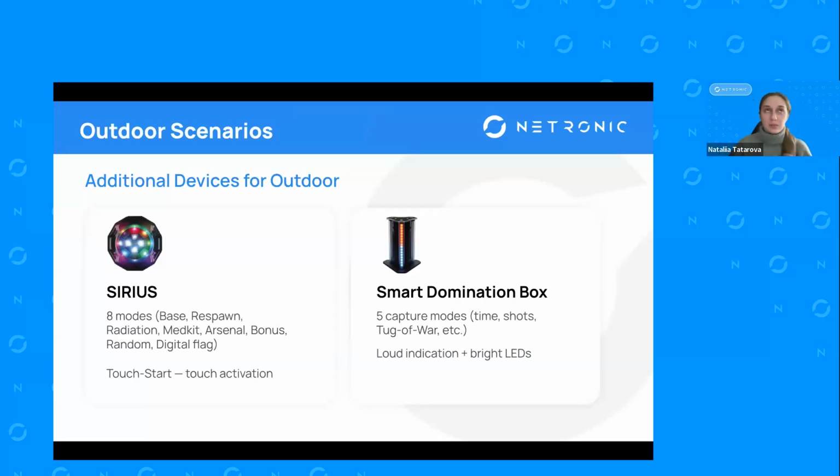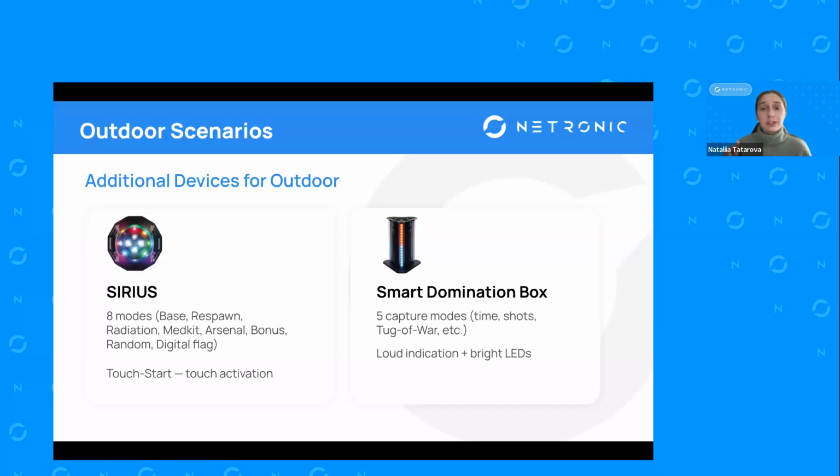So you would put 2 different SIRIUS stations on 2 different corners of the playground. Each of those stations would be assigned to a specific team, and the players will know that if they are deactivated, or have no more ammunition or lives, they will come back to their base and get respawned.